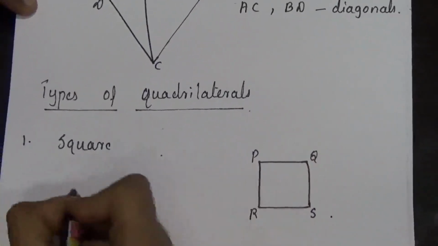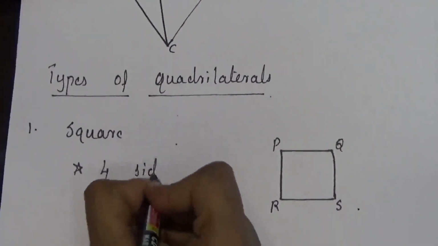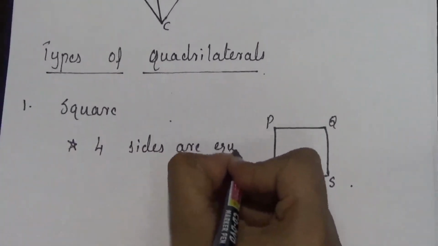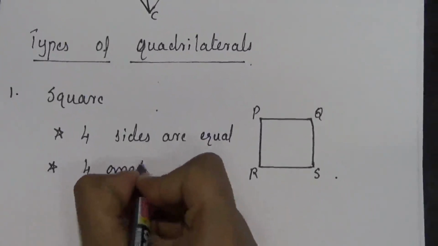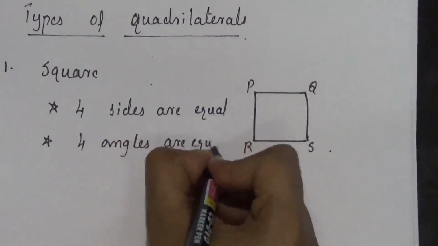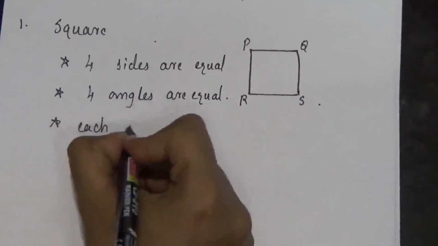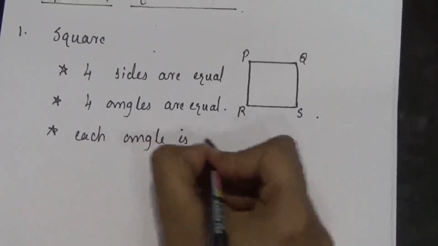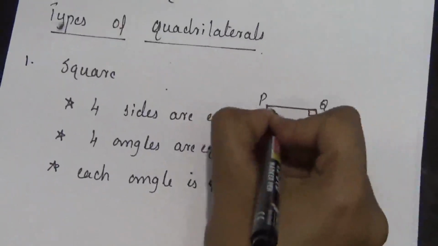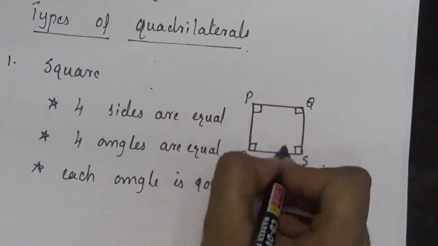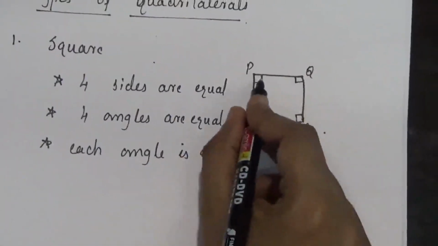So the features of a square: four sides are equal, and four angles are equal, and each angle is equal to 90 degrees. This is 90 degrees, this is 90 degrees, this is 90 degrees, this is 90 degrees. So the sum of angles of a square is equal to 360 degrees, isn't it? 90 plus 90 plus 90 plus 90 is 360 degrees.